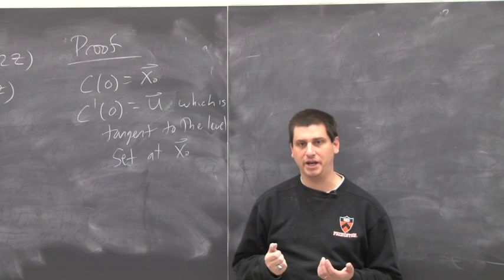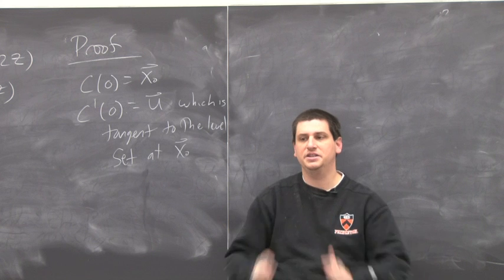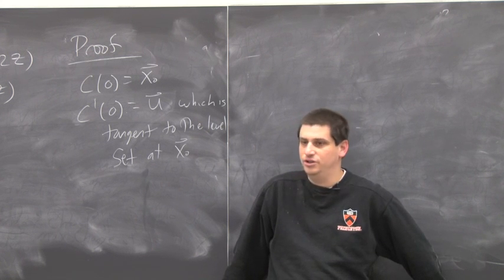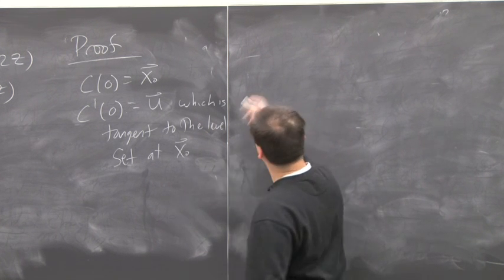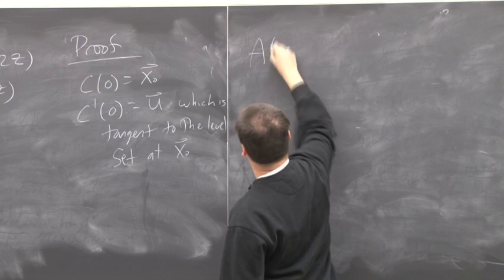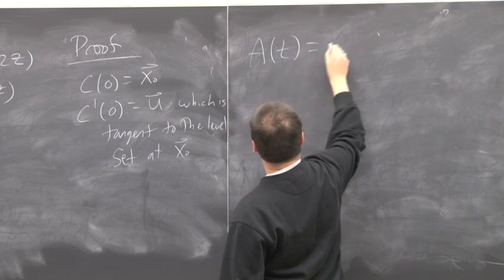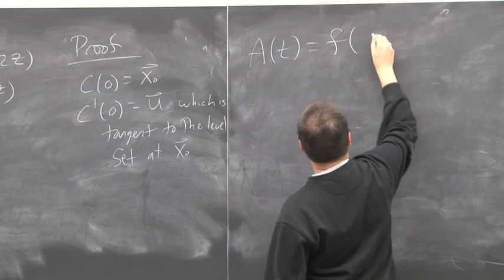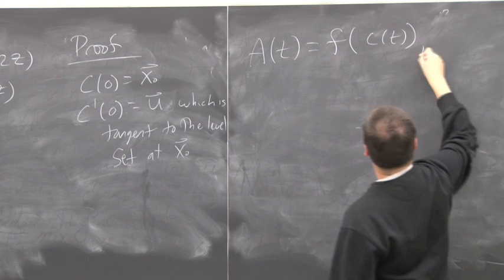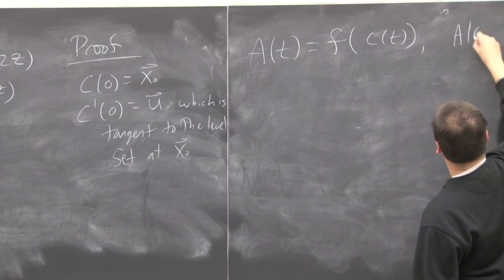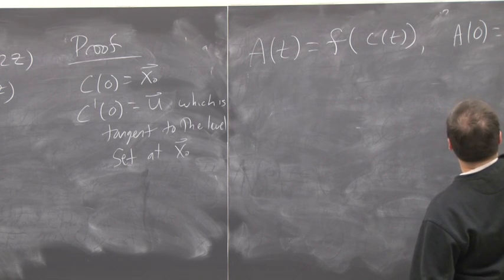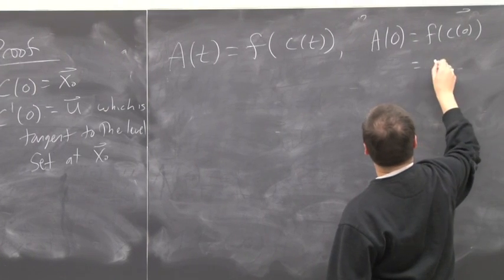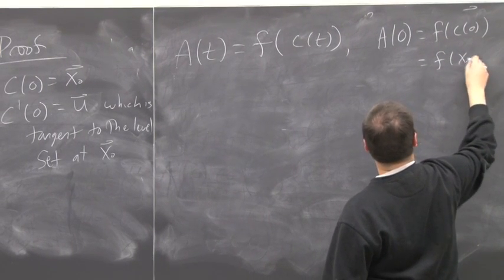At time 0, I'm at x naught. And my instantaneous change, I'm moving in the direction u. So I'm going to consider the following function. Let's let a of t be f of c of t. And we know a of 0 is f of c of 0, which is f of x naught.